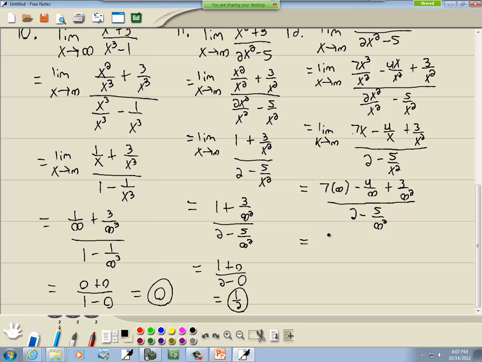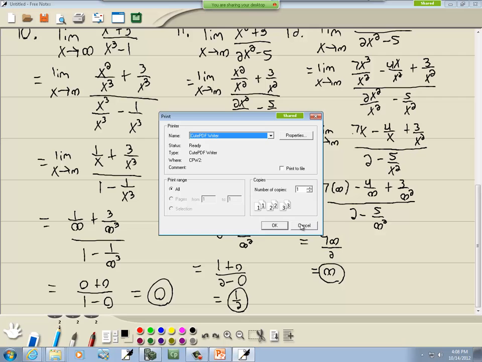And we got 7 infinity over 2, which just gives us infinity. The value we're finding here is the value that it converges to, what it finally keeps getting closer and closer to, but never touches, never crosses. This is saying infinity, so it doesn't. I mean, that's what our limit is, but that means it doesn't have a horizontal asymptote. It doesn't converge upon a value. Let me save that.